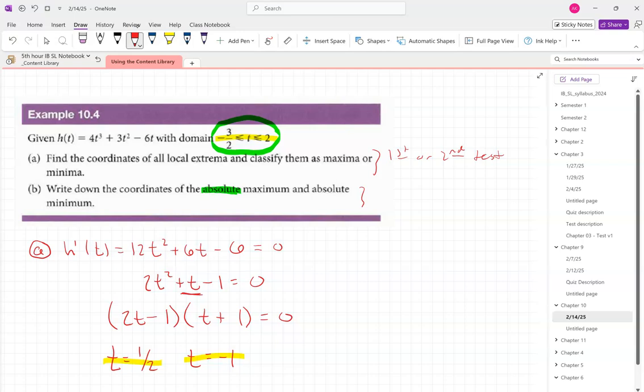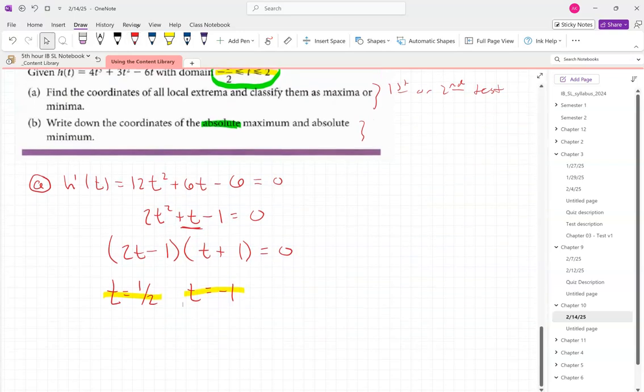Now, it's possible that somebody would be so tricky as to give you a problem like this and have one of the solutions to the derivative set equal to 0 not be on the interval, but I wouldn't do that. I don't think the IB would do that. If the textbook does that, I'm guessing it was a bad editing job by the authors because we've seen that happen a couple of times.